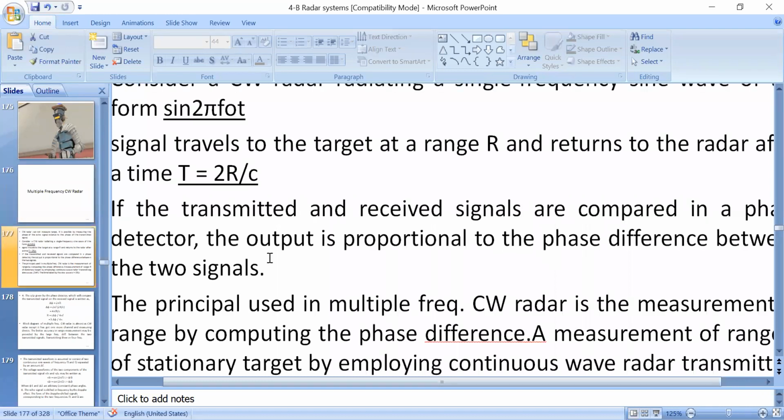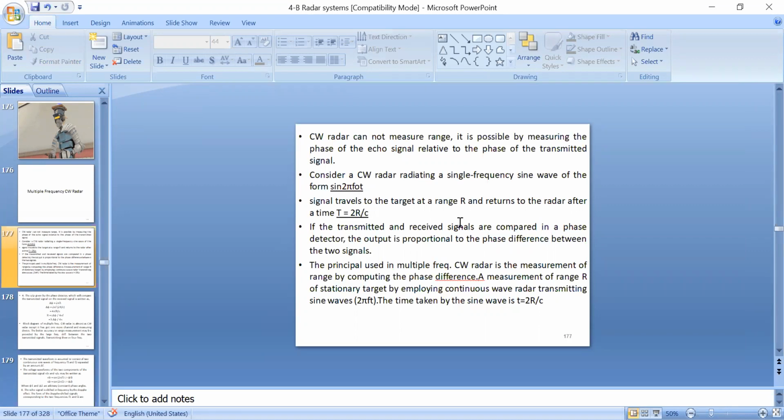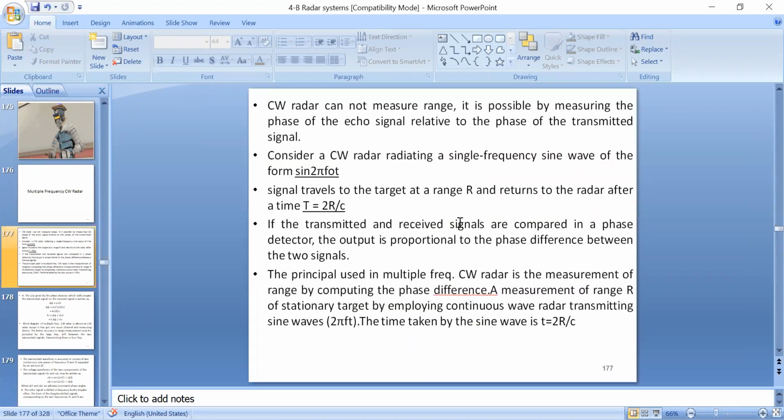Now I'm going to explain how we measure the range of a moving target by using multiple frequencies. The continuous wave radar cannot measure the range directly, and it is possible by measuring the phase of the echo signal relative to the phase of the transmitted signal.